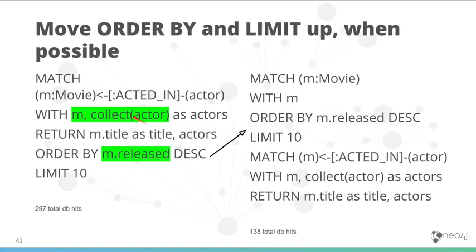So what we're doing here is we know that movie is distinct at this point, and we know that we're ordering by when the movie was released, and we're taking the top 10. So really, the point here is that after we've matched to our movies, we know that movie is distinct. We're not doing any filter operations. We have everything we need to do the order by and the limit here. And that way, we're only looking at 10 movies, and then the remainder of the work only applies on that 10, and not on rows that are only going to be filtered out because of the limit.